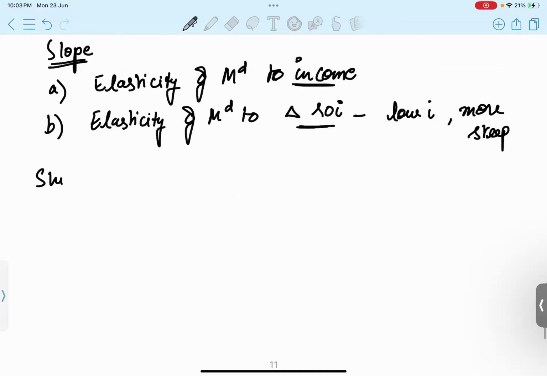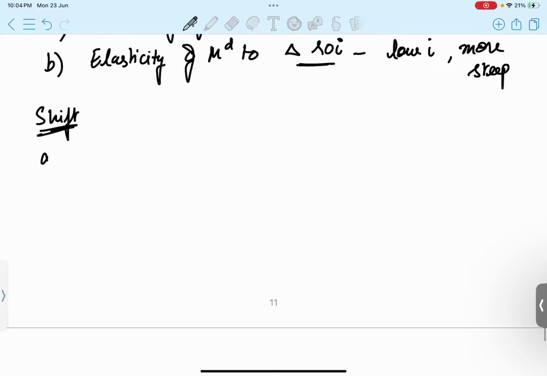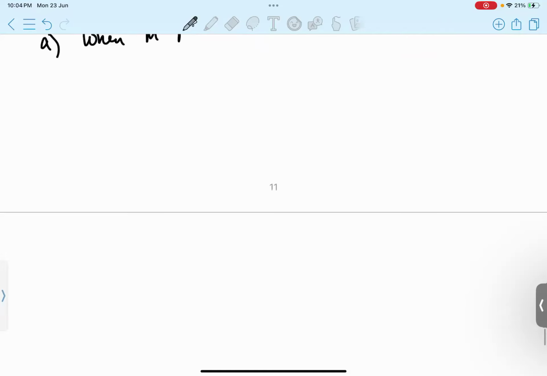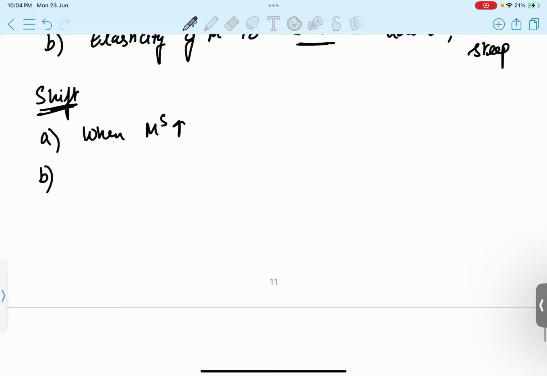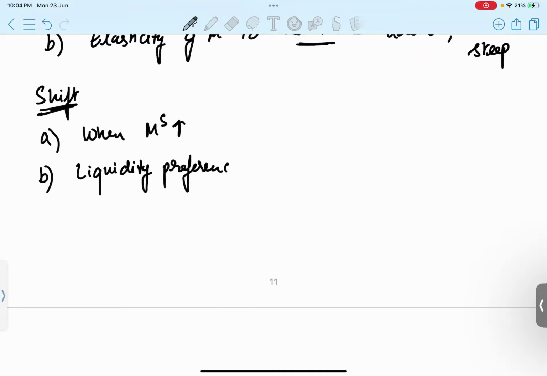Factors impacting the position of the LM curve or causing a shift: first, when the money supply is increasing or there are changes in the money supply. Second would be the liquidity changes, liquidity preference, which is also depicting the money demand in the economy.